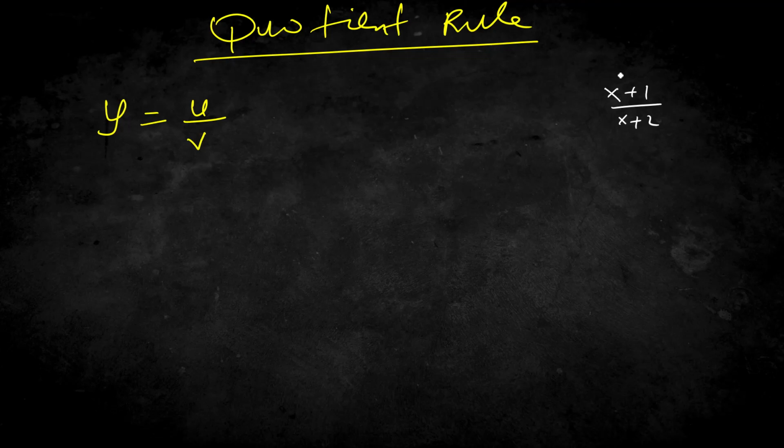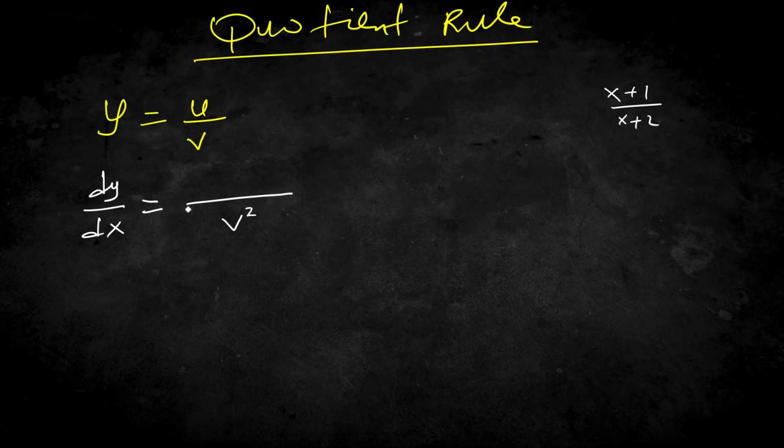So in such cases, we differentiate the function, dy/dx. What we are going to do is square the denominator here.